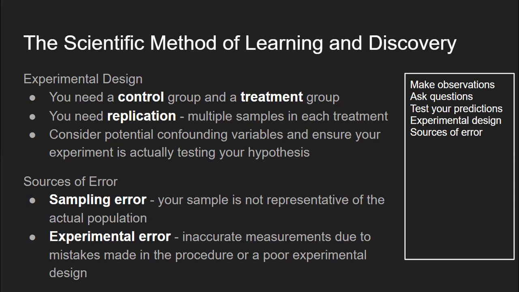It's just not going to happen. It's not possible to actually catch every individual in that population and get the data you want out of them. So you have to take a sample. And when you take a sample, if there's any kind of bias in the way you go about taking that sample, it might not be representative of the population.